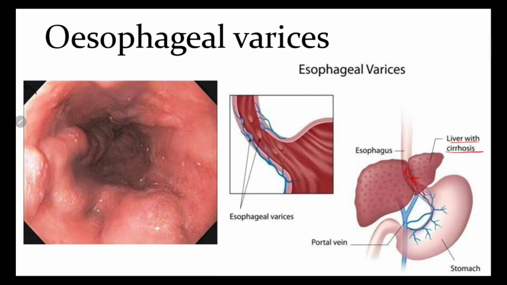As a result, the collateral channels of the portocaval anastomosis not only open up but become dilated and tortuous to form esophageal varices. And the ruptured esophageal varices cause hematemesis. Hematemesis is vomiting of blood, while hemoptysis is blood-stained sputum.